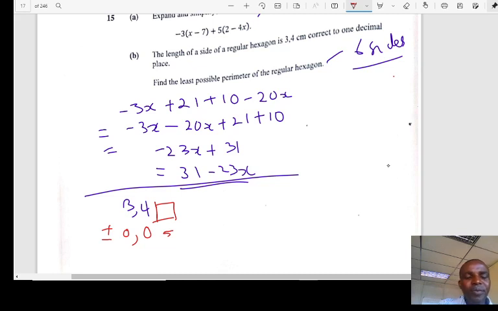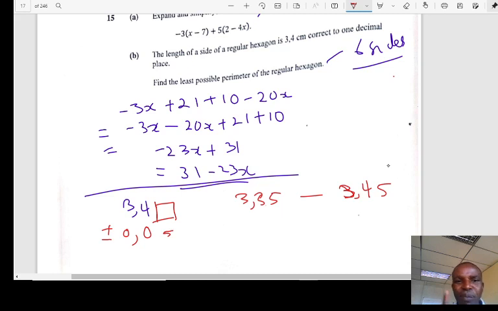So the lowest possible value, you subtract 3.4 minus 0.05, it will be 3.35. Then the highest will be 3.45, after adding 0.05 to 3.4.